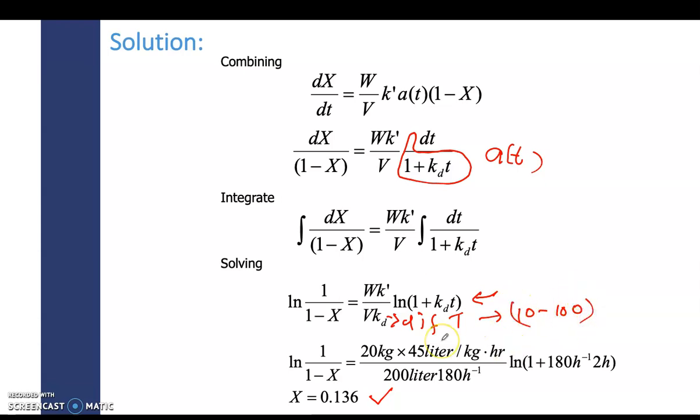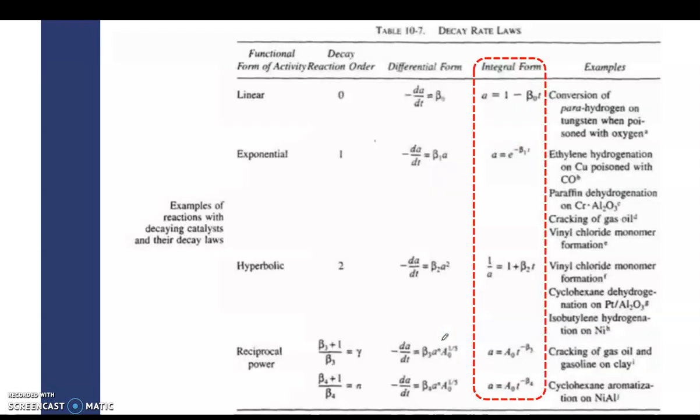But this question asks at the same temperature, so you don't have to find a new T, a new K, right? So you can also use the one in red color, this column is for your At.